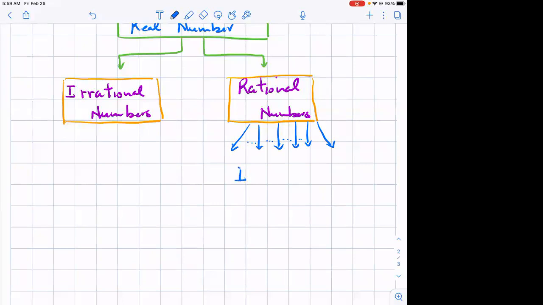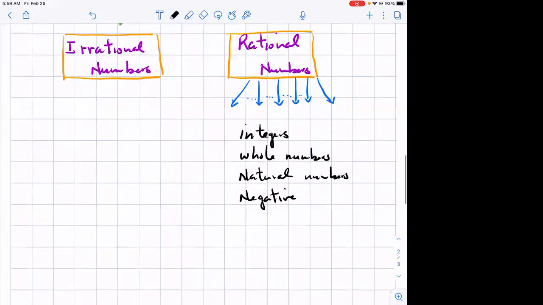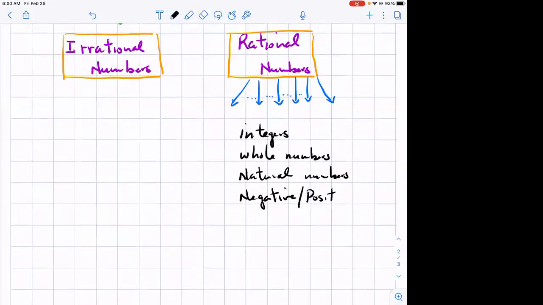This is where integers come in. We have whole numbers, natural numbers, negative numbers, positive numbers, even, prime.